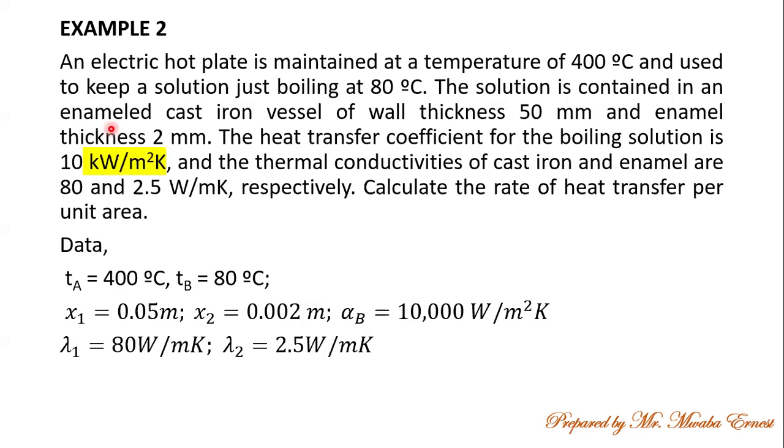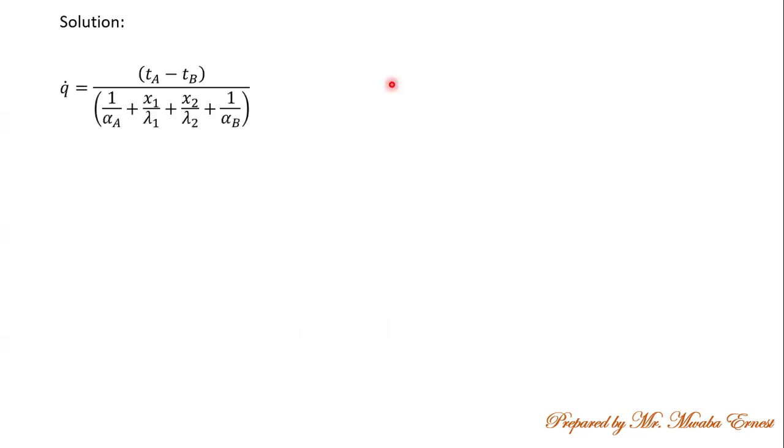So let me just go back there. This electric hot plate is helping us to keep a solution boiling. Now the vessel that we're using, basically behaving like a kettle, is keeping this solution boiling at 80 degrees Celsius.